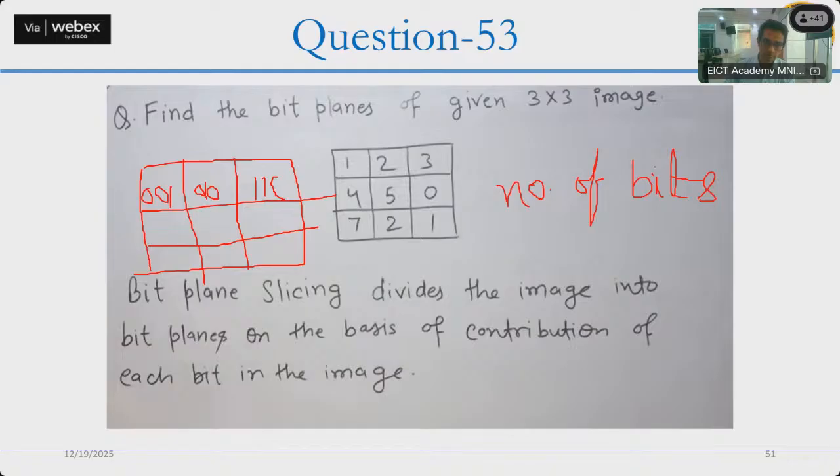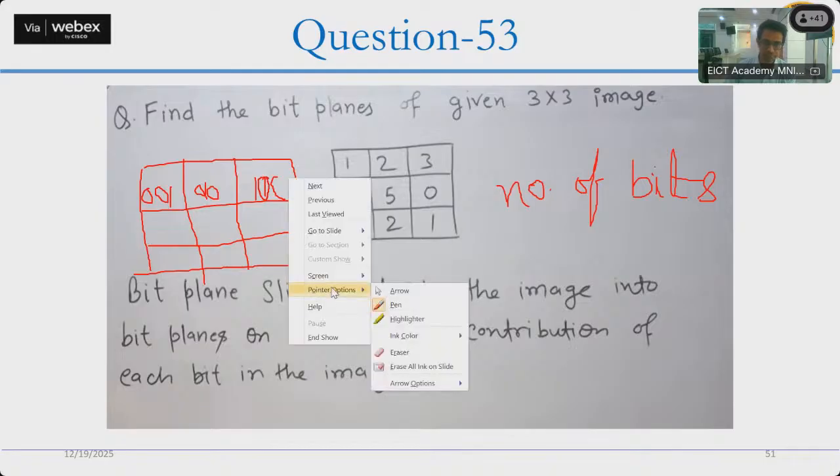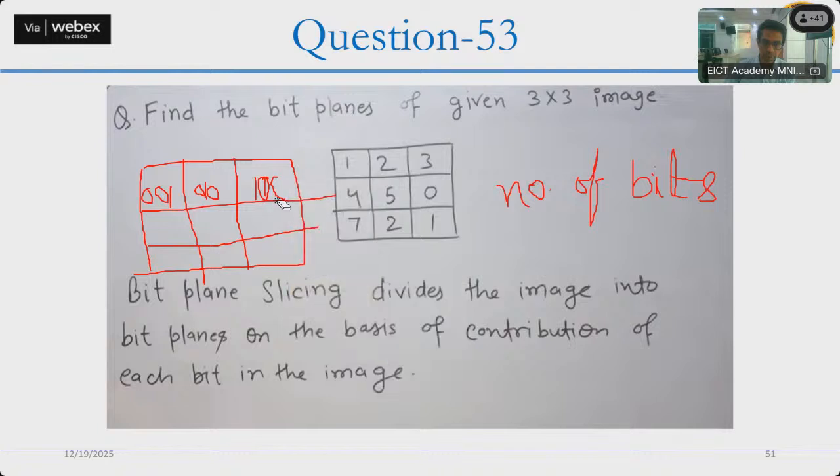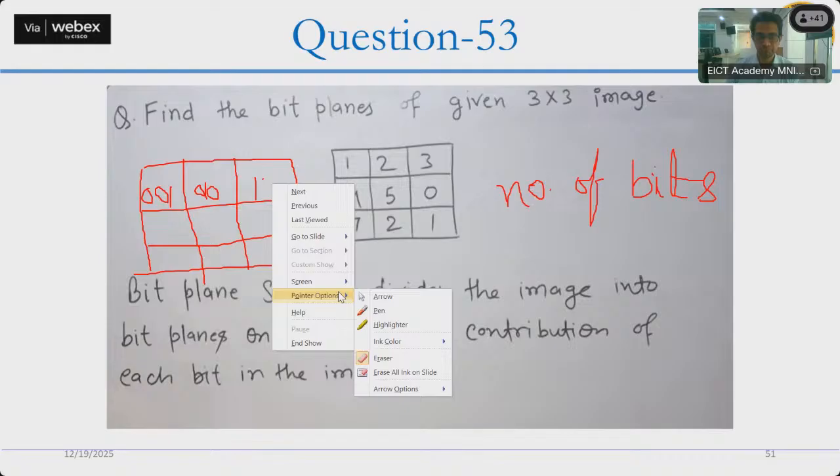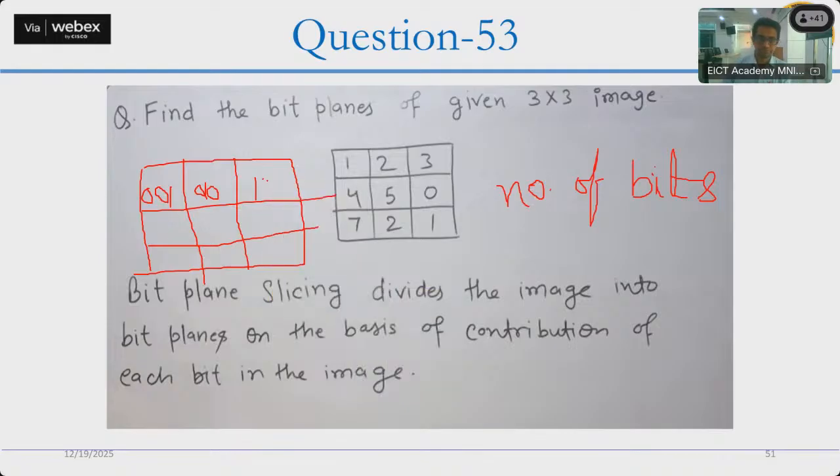Sorry, 1, 0, 1. So this way we can write all the values.